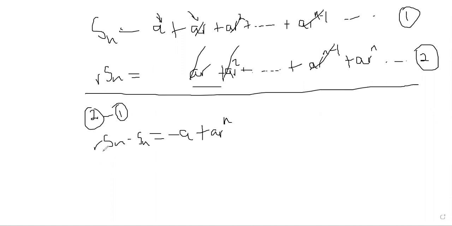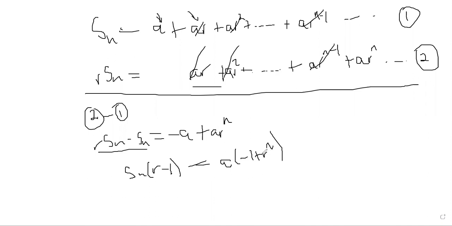And from there, you take out the common factor, which is Sn, right? So it will be Sn, then in brackets, you'll be left with R minus 1, right? So that is equal to, take out the common factor here, which is A, and then what will be left here is negative 1 plus AR to the power of n, right?